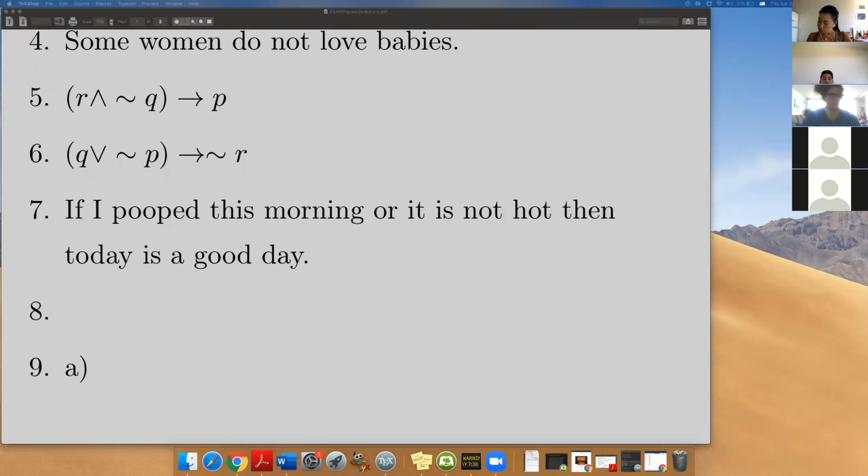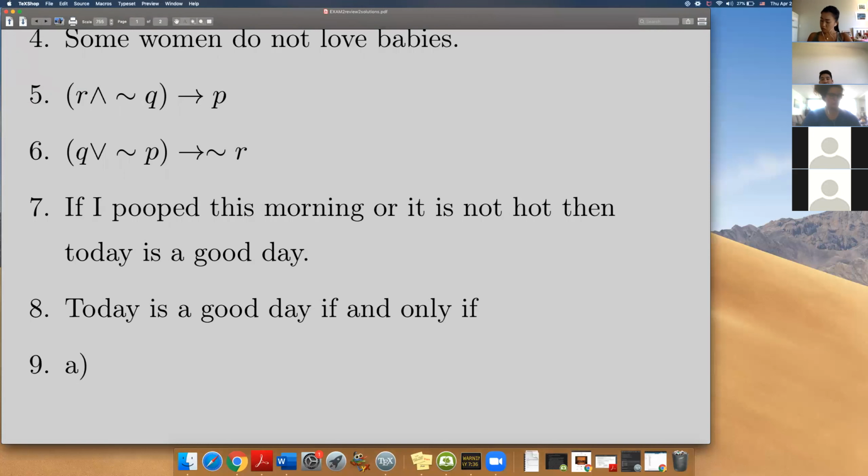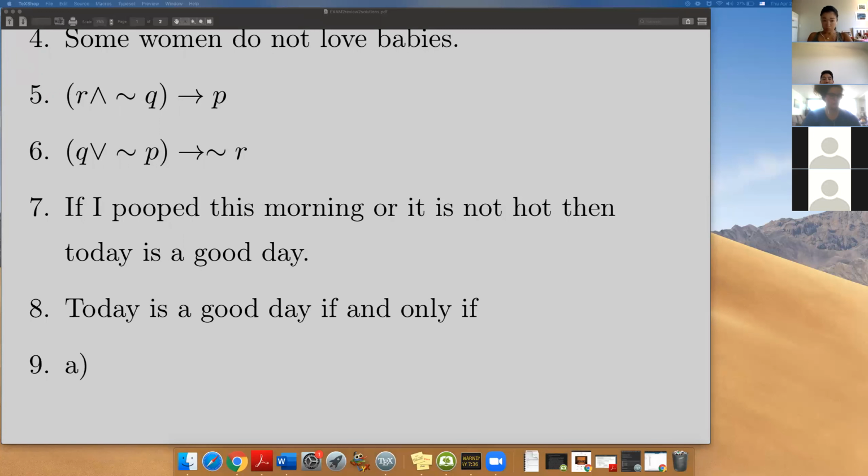Yeah, it's good. And then number 8, you have an if and only if statement. So the left side is today is a good day. That should be followed by if and only if, and then what you just said: I did not poop this morning, and it is not hot.